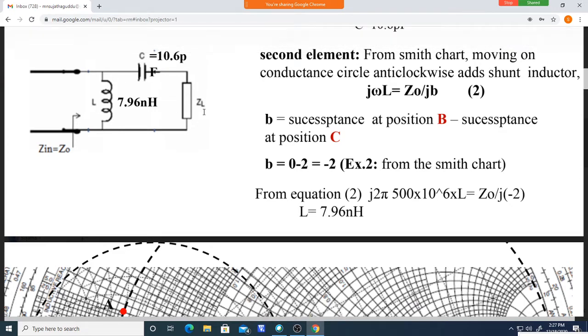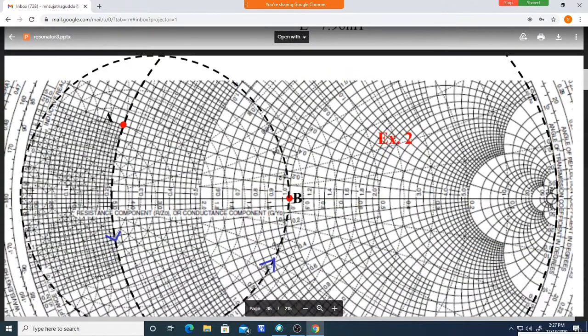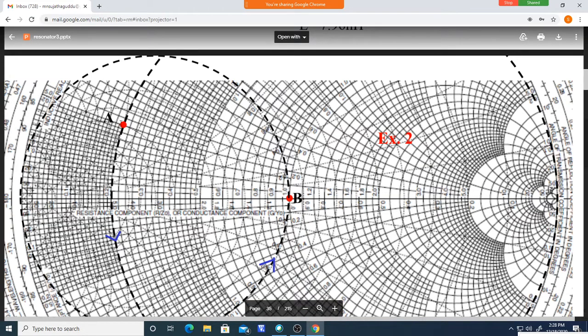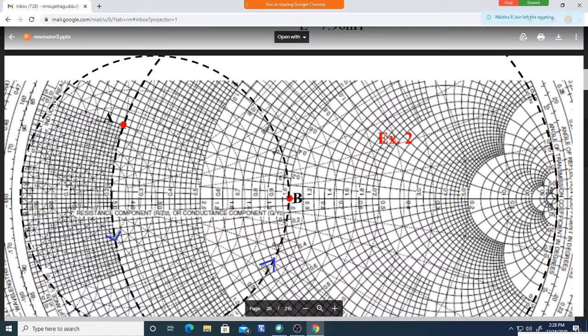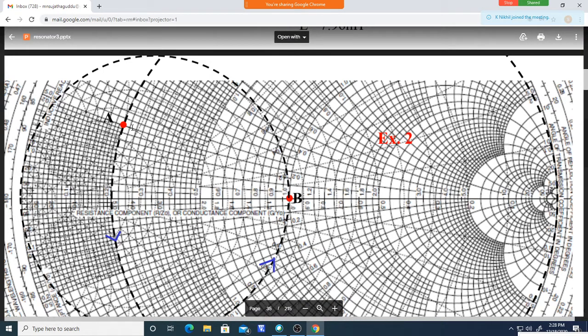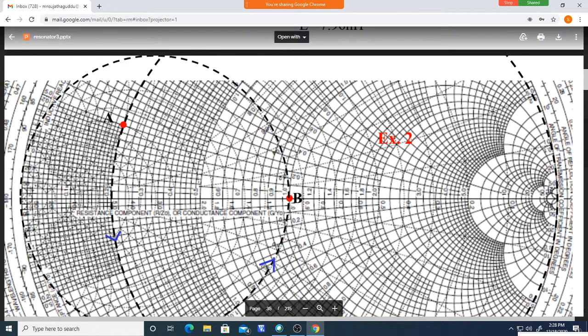So after marking this load, what next should you do? You should identify the resistance circle and conductance circle passing through this point. Which resistance circle is passing? You see here, this is the resistance circle passing, and this is the conductance circle passing.